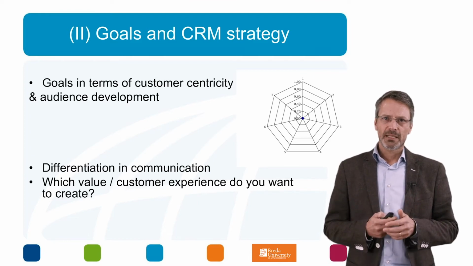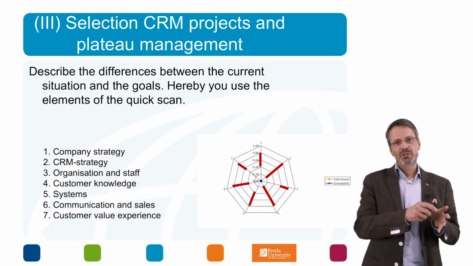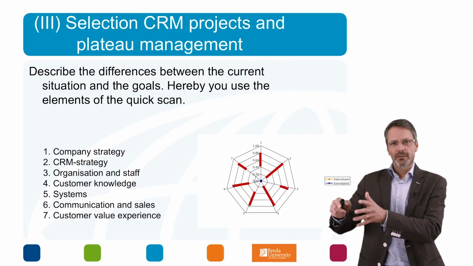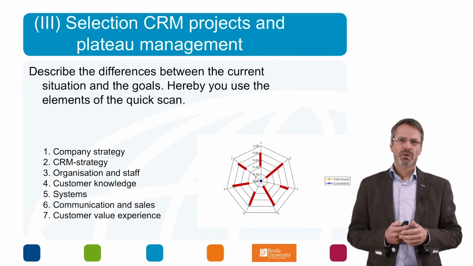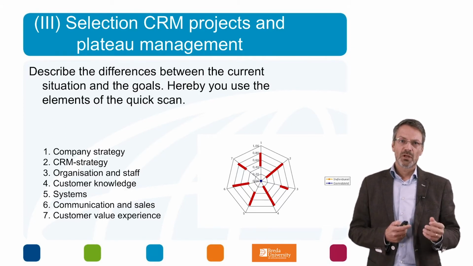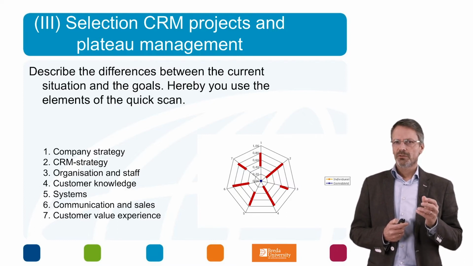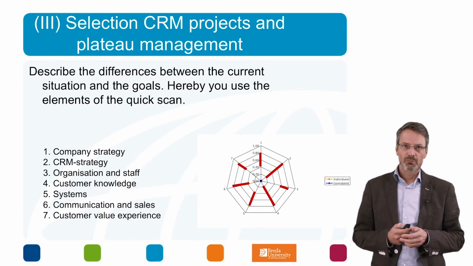That's the second step. The third step is making the bridge between your current situation and your goals. And I try to visualize this in this spider plot. And you can visualize all these differences about these 7 items, and it helps you select specific, concrete CRM projects.